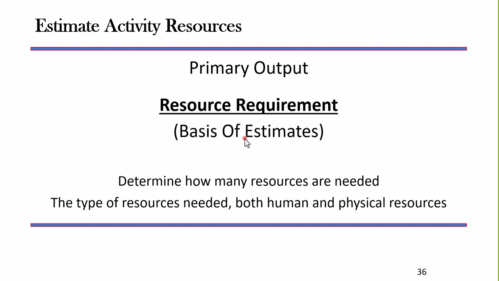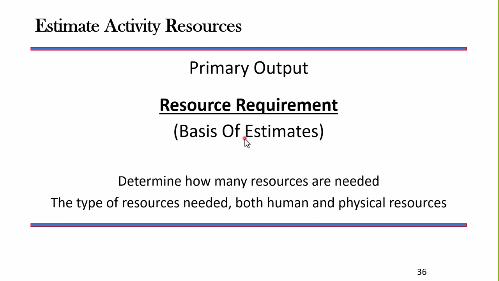I also have physical resources such as bricks and mortar and 2x4s and whatever. I also have the human resources, the database programmers, whatever it might be. So once I have that activity list, I have to determine what resources I need to complete each activity, both physical and human resources.